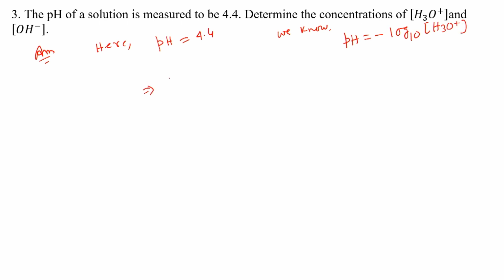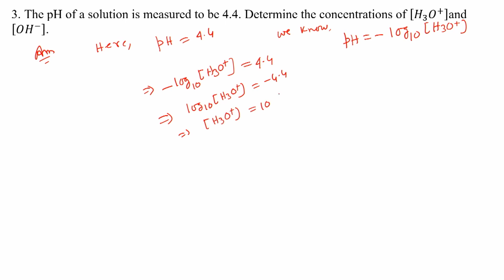So we write minus log 10 base H3O plus is 4.4. So we get log 10 base H3O plus is minus 4.4. So we get concentration of H3O plus is 10 raised to the minus 4.4. Okay. So that is the concentration of H3O plus.